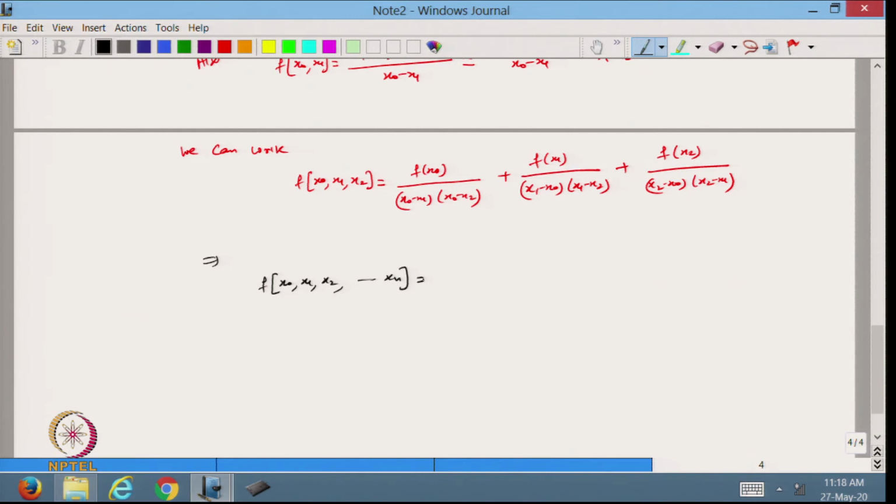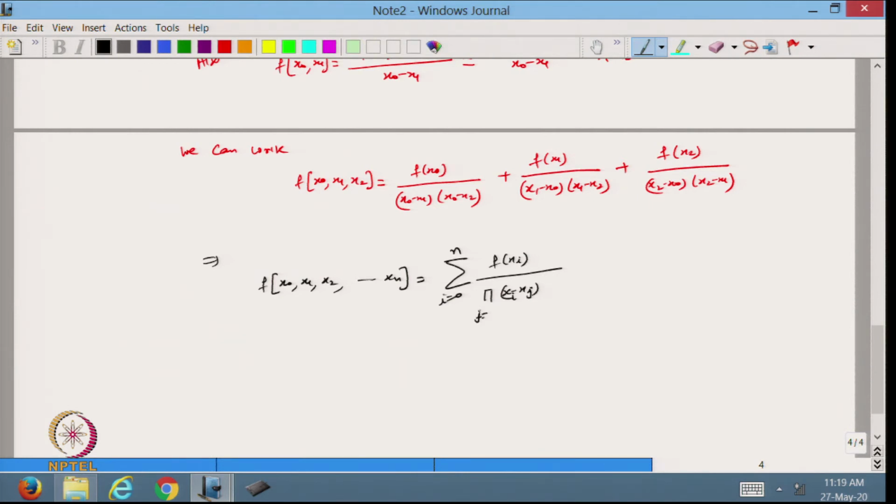So from here I can directly write the nth order divided difference. This will be the summation of all f(xi), divided by the product of all (xi minus xj). So I am moving from 0 to n, taking x0, x1, x2, all of them. Here I should take i and here I should take j.